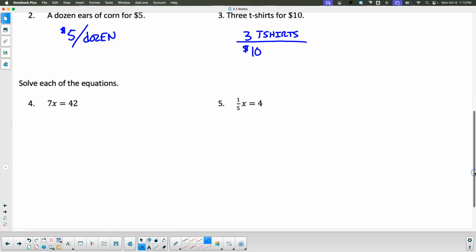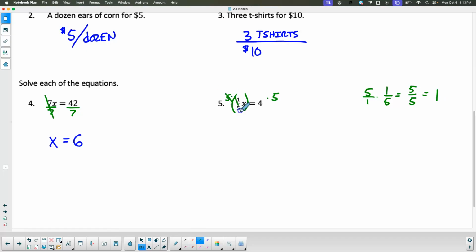Solving each equation, 7 times x equals 42. So I'm going to divide by 7. That cancels out my 7's there. Leaves me with x equaling 6. One-fifth times x. If I multiply both sides by 5, now in my brain I've got 5 over 1 times 1 over 5, which is 5 over 5, which is just 1.